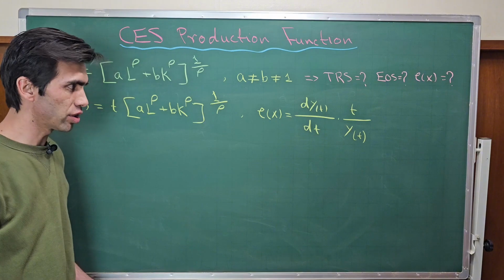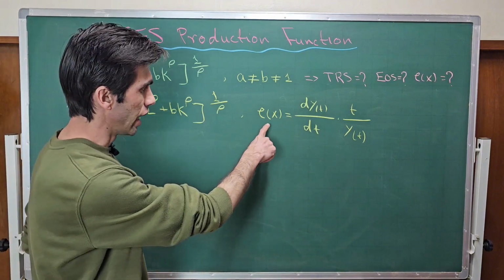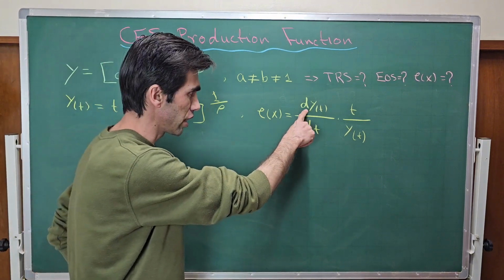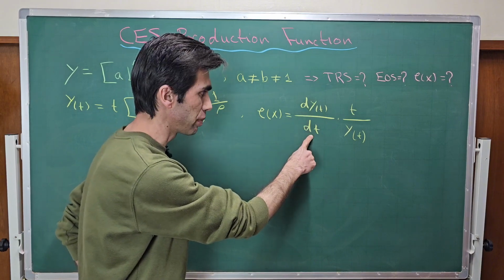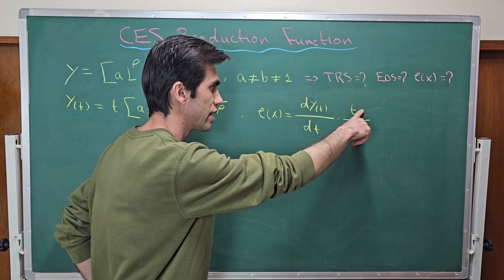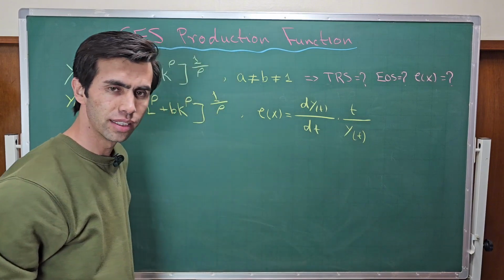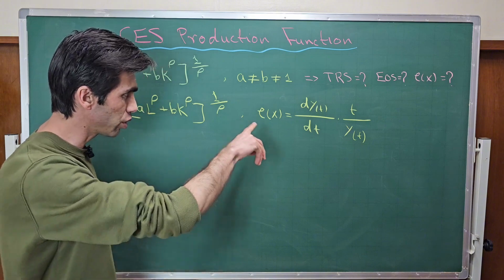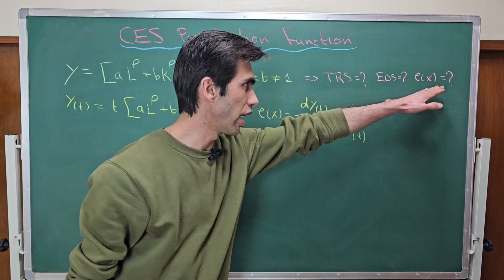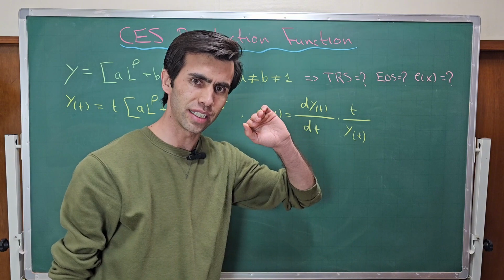And from the previous videos, we have that elasticity of scale is equal to the derivative of output after scaling with respect to the scalar, multiplied by the scalar, divided by the output after scaling. So this is the formula. Now by using this formula, we will find the elasticity of scale for this CES production function.